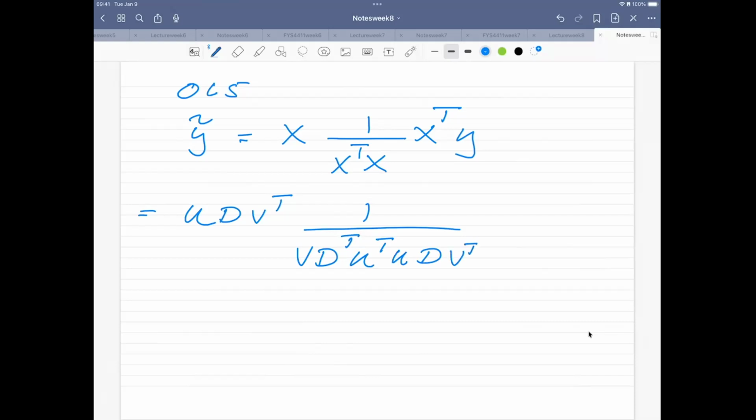And this is obviously multiplied with V D transpose U transpose multiplied with Y. So this looks horrible. So why is this guy doing this? This one translates into the unit matrix because these are orthogonal matrices.